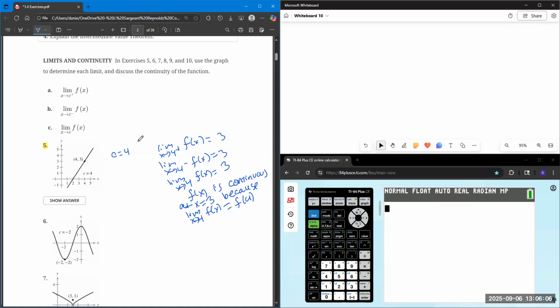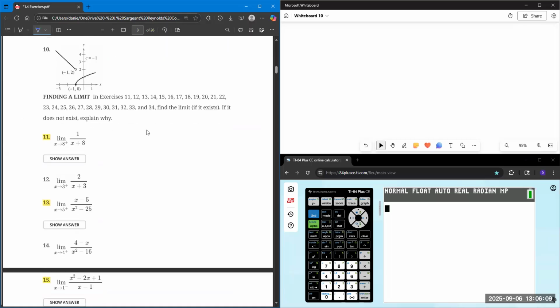All right, let's go ahead and look at number 11. Find the limit if it exists, and if not, explain why. So as I approach 8 from the right, that's going to be 1 over 8 plus 8. It's 1 over 16. As I approach 5 from the right, the limit as x approaches 5 from the right of x minus 5 over x plus 5 times x minus 5: the limit of 1 over x plus 5 is 1 over 5 plus 5, which is 1 over 10.